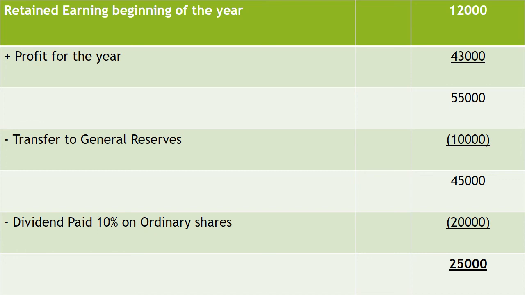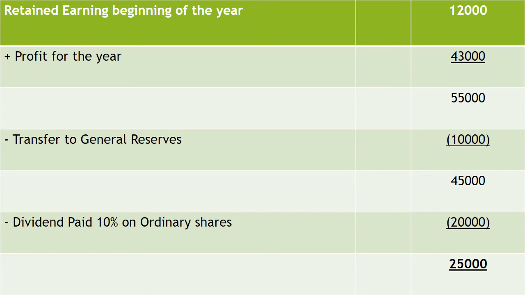Retained earnings at the beginning of the year 12,000 plus profit for the year 43,000, the total will be 55,000. Transfer to the general reserves 10,000.